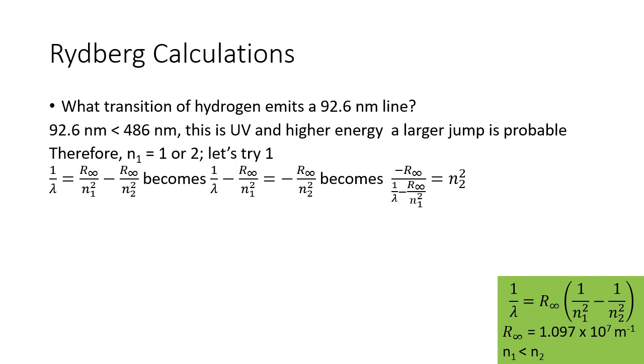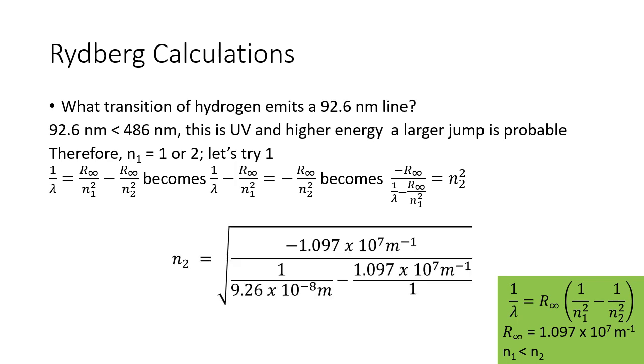Negative R infinity over 1 over lambda minus R infinity over n1 squared is equal to n2 squared. So if I take the square root of both sides, I will get n2. And so that's what I do. And I plug everything in, and finally n2 is equal to 8. Which kind of seems like a decent amount of work to get a relatively simple value, but that is science for you.